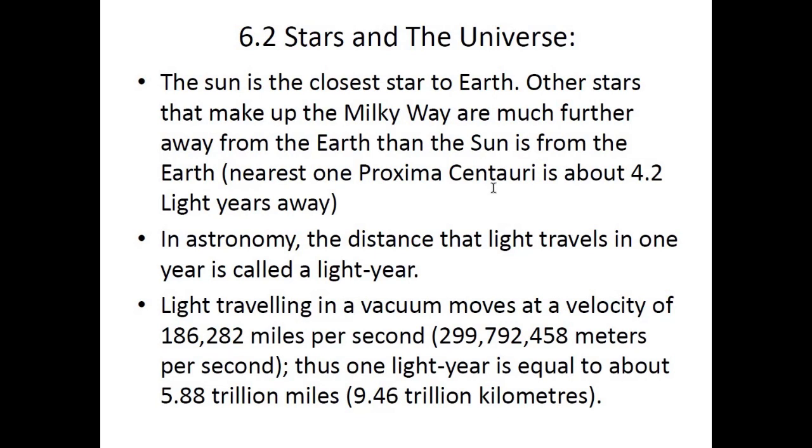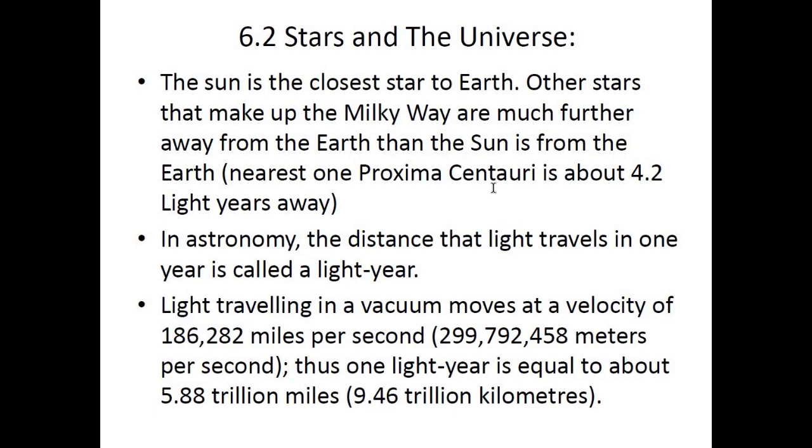Light traveling in a vacuum moves at a velocity of 186,282 miles per second, or 299,792,458 meters per second. But the distances in the universe between stars and other objects are so great that if you want to quote them in kilometers, you'll have a very big number.